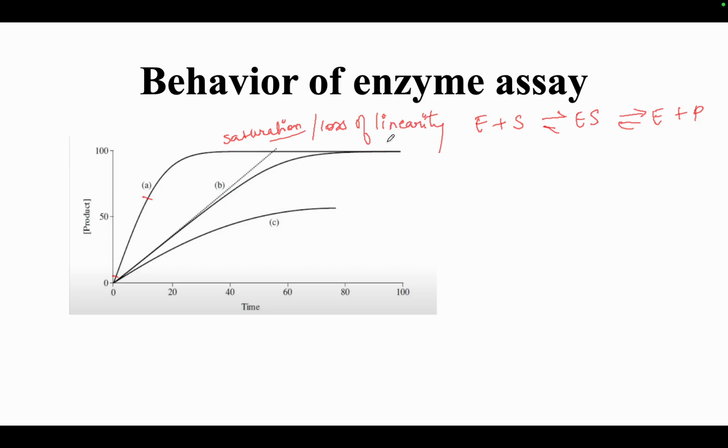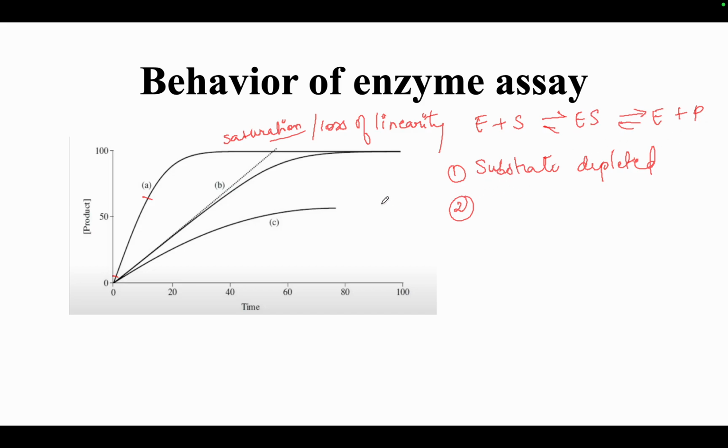could be because of many reasons. One is that the substrate has depleted. Whatever substrate we had provided in the assay has got depleted. So we are not getting a logarithmic increase in the product formation, because if there is no substrate remaining, there won't be any enzyme substrate complex, and there won't be any product formation.